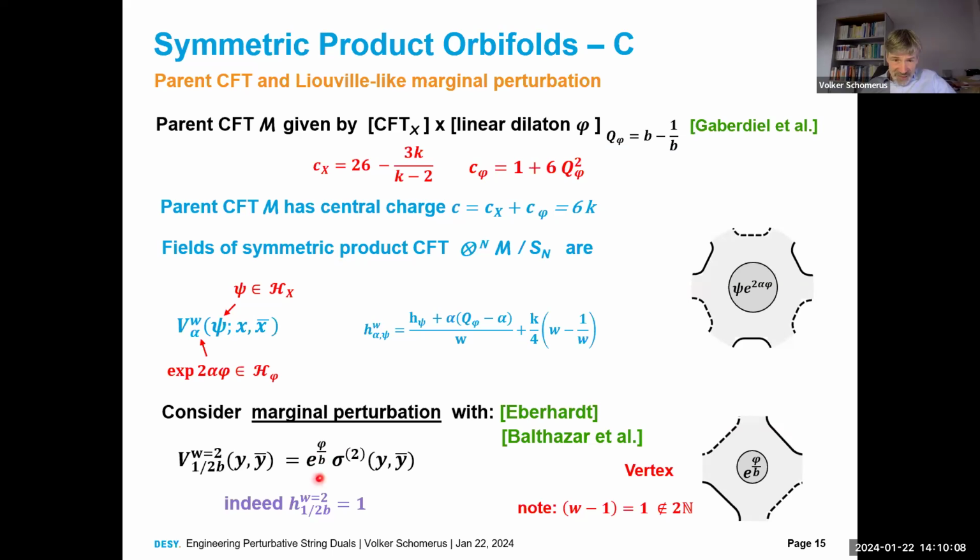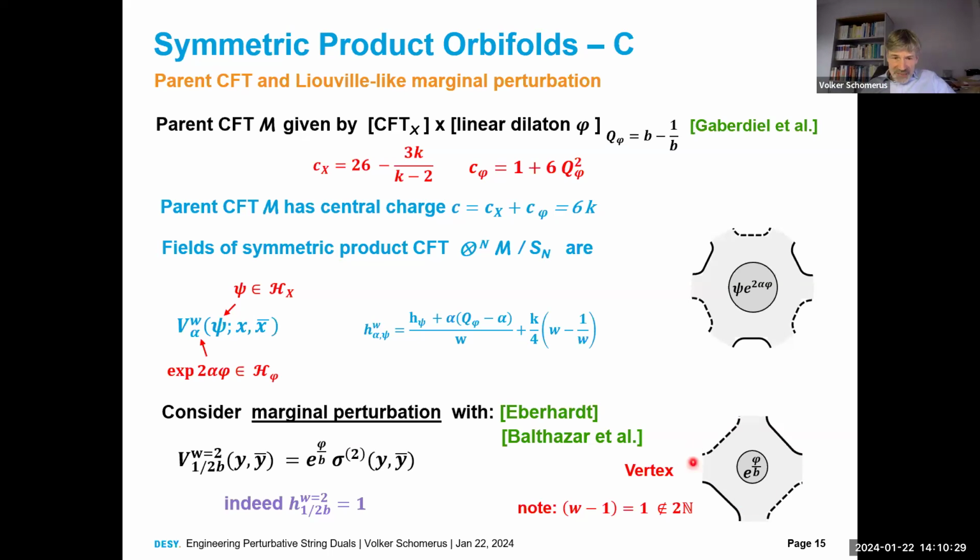If you plug this in, I don't do this exercise for you here, but you plug the data into this formula here with the background charge that I chose, and everything I think is on this slide, then you'll find indeed that this field has left and right moving conformal dimension 1. And so the proposal is to use that as a vertex in that theory.